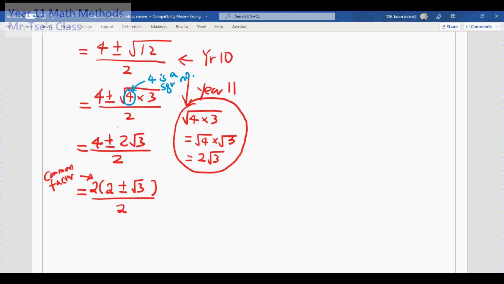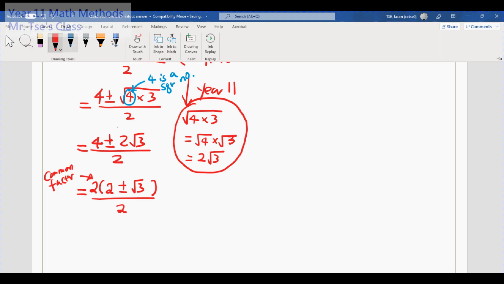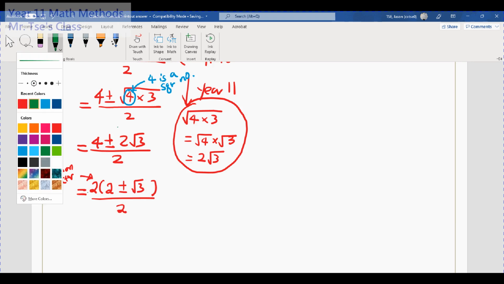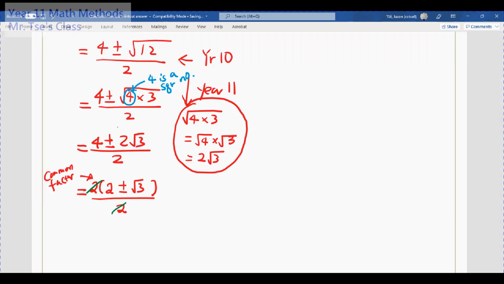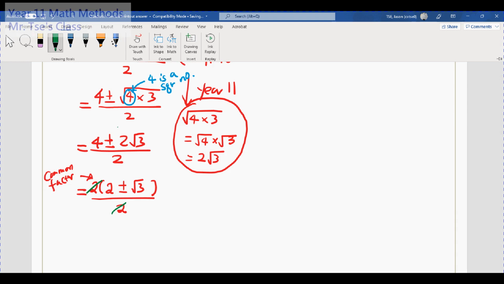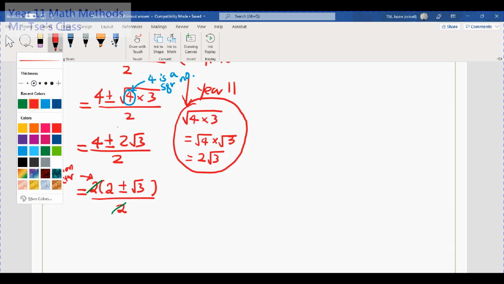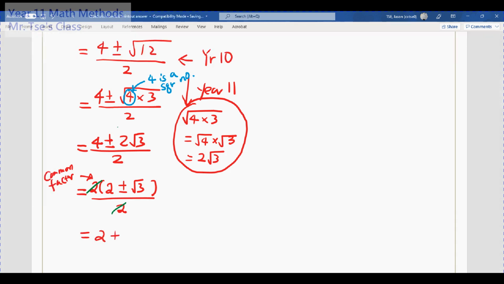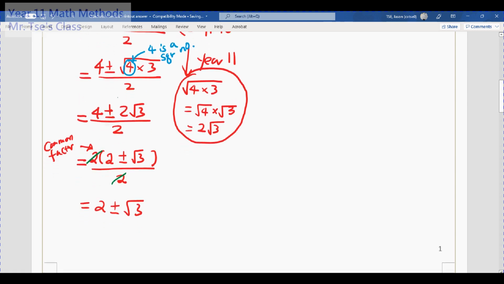You see the two 2's in both denominator and numerator, and then you can cancel them out. You can only cancel them out after you take the common factor out of the bracket. So the final answer is 2 plus or minus square root 3, which can't be simplified further.